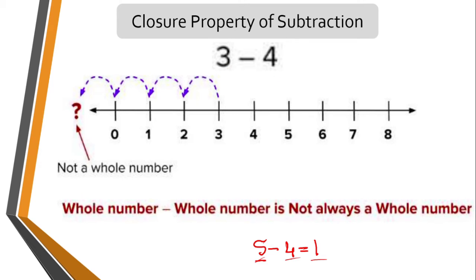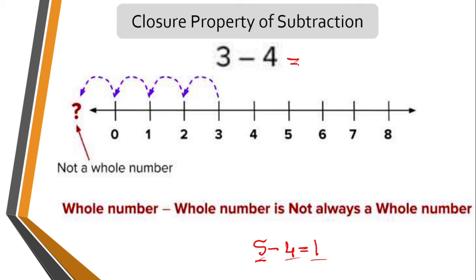Right? Now, we will start from 3 and do 4 jumps. So 1 jump, second jump, third jump, fourth jump. Now we landed on 0 on the third jump only. Now if we go to the fourth jump, what will be behind the 0? So behind the 0, we will be having minus 1.